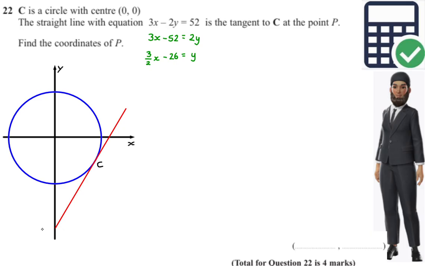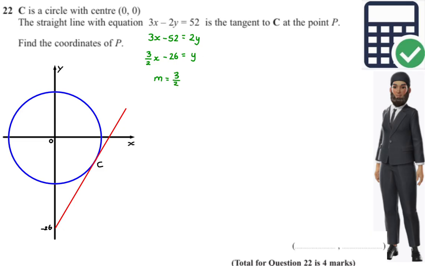This coordinate over here is going to work out to be minus 26, because that's the y-intercept. You've got the x-axis there, the y-axis over there, and this is the centre, which is 0. So we know the gradient is equal to 3 over 2.